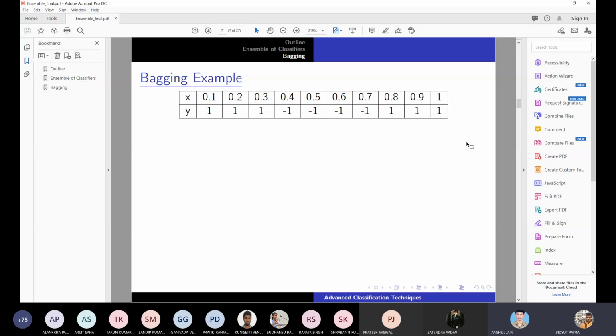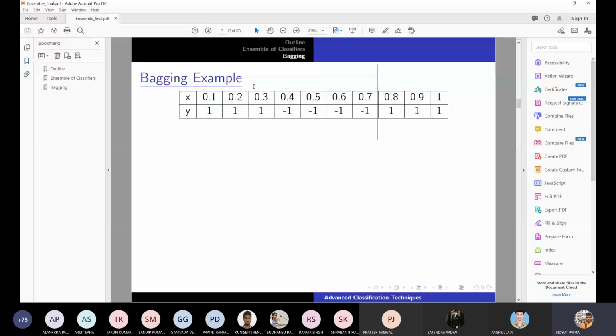Let's say a decision stump means I draw a line here, and I say x greater than or equal to 0.75 will be positive and the rest will be negative. If I say this is my classifier for this sample, this will be wrong.